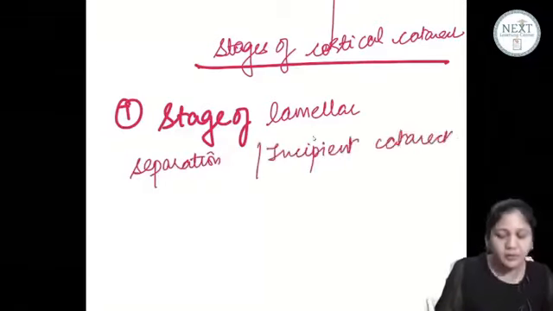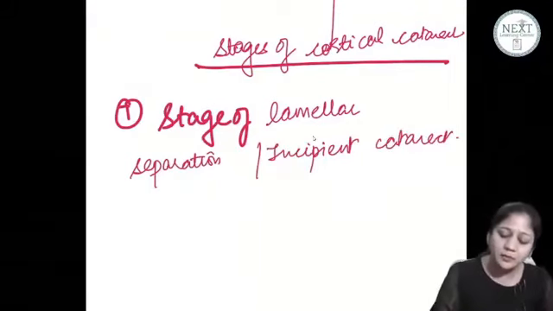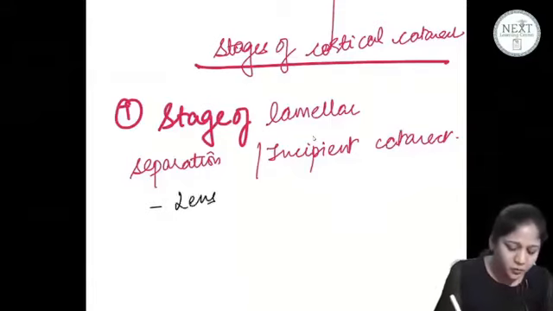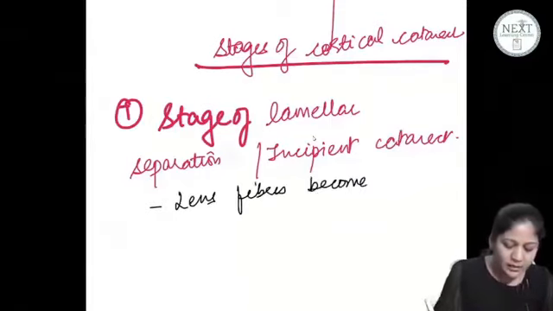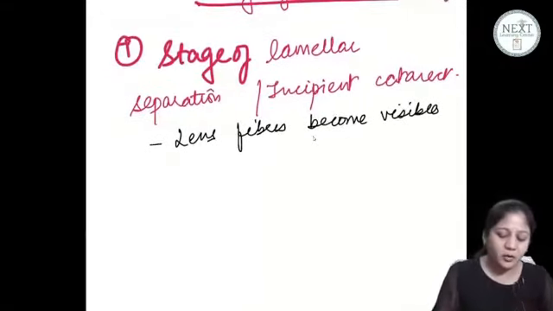It's an early cataract, when your lens fibers become visible. Slightly you can see the lens fibers. Otherwise you can't see the lens fibers. Lens fibers start becoming visible. This is your early stage: stage of lamellar separation or incipient.